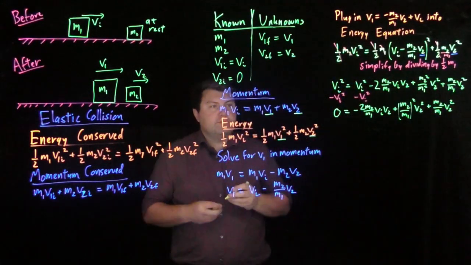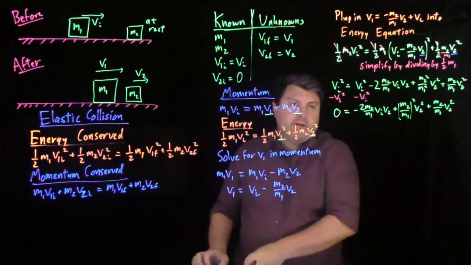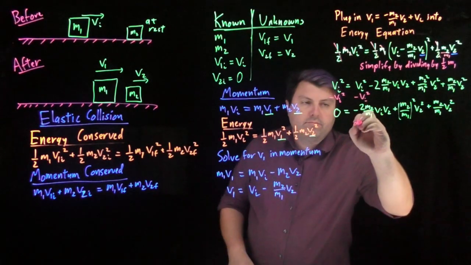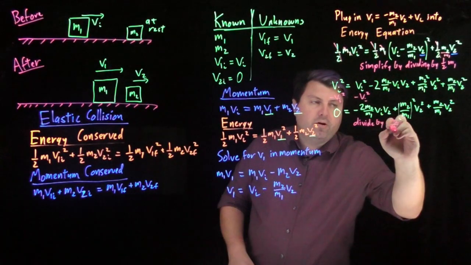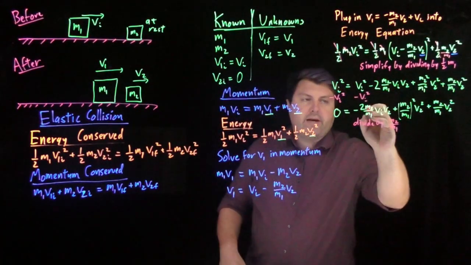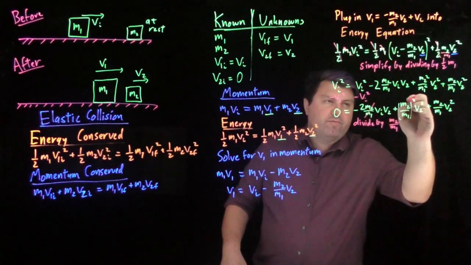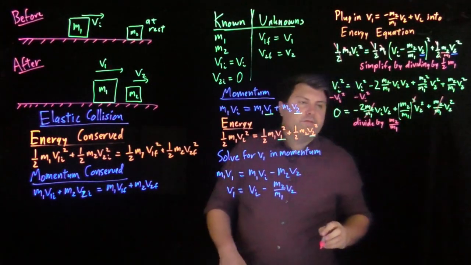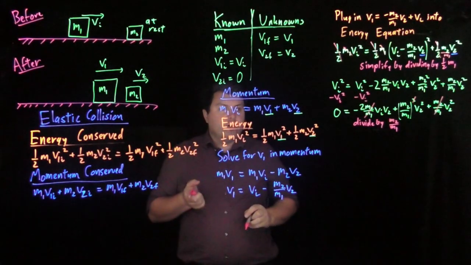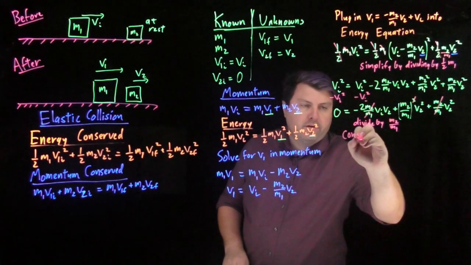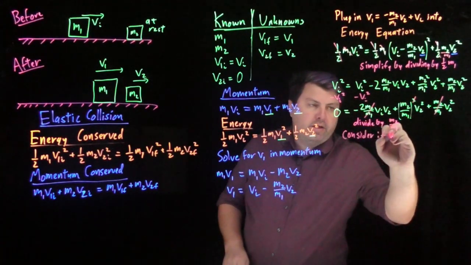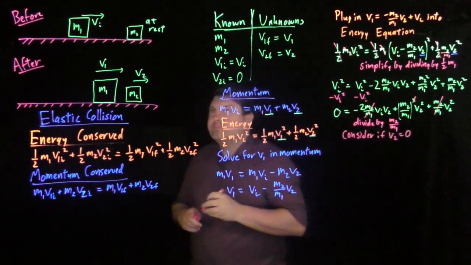So the first thing we can do is we can divide by M2 over M1. If we do that, right, it's 0 on this side, so that doesn't change anything. Cancels a factor of this, a factor of this, and a factor of this. A little bit more controversial is we want to consider if V2 is equal to 0.